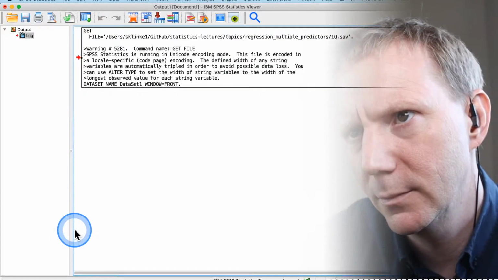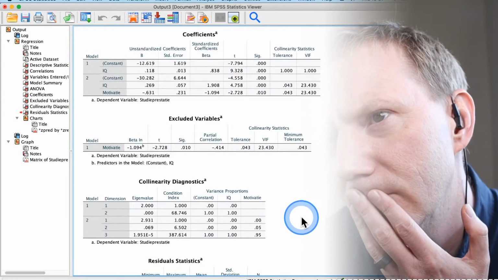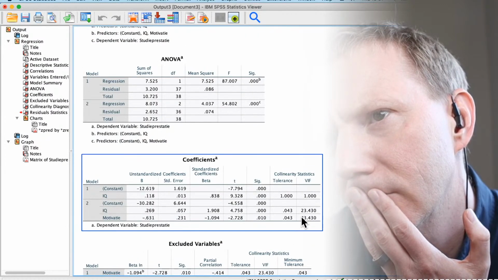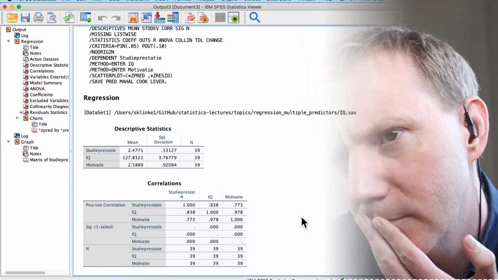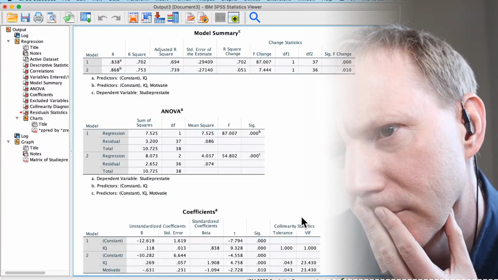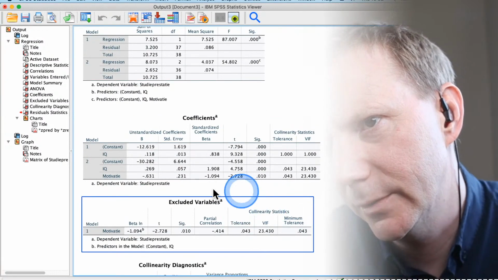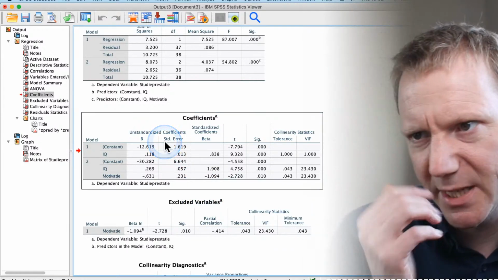Output. Sorry. This one. We have to look at this for a sec.